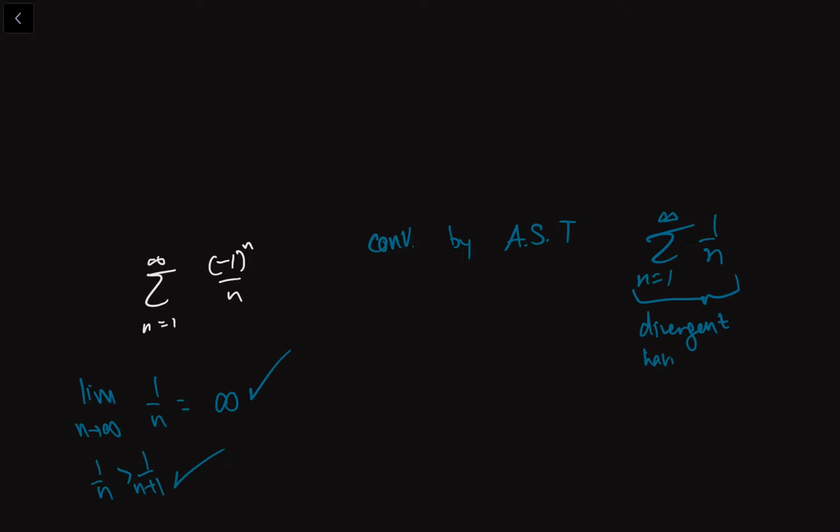This is a special case, where if we take the absolute value of this a sub n, basically if we got rid of the alternating term, and that remaining a sub n diverges, we can't just say that it's convergent, because it's not. What we can call it is conditionally convergent.